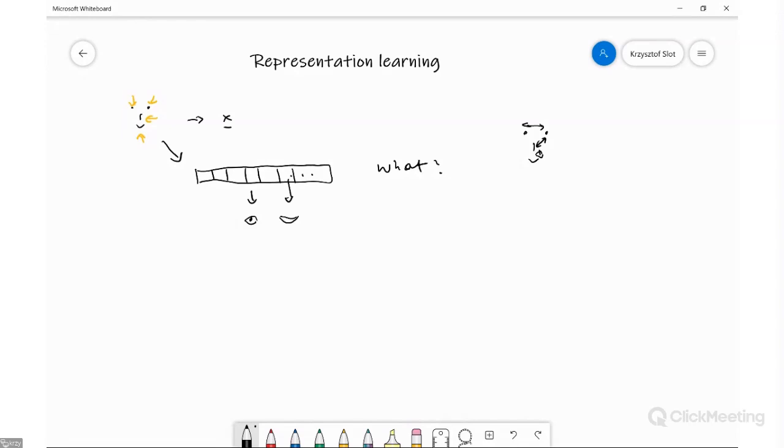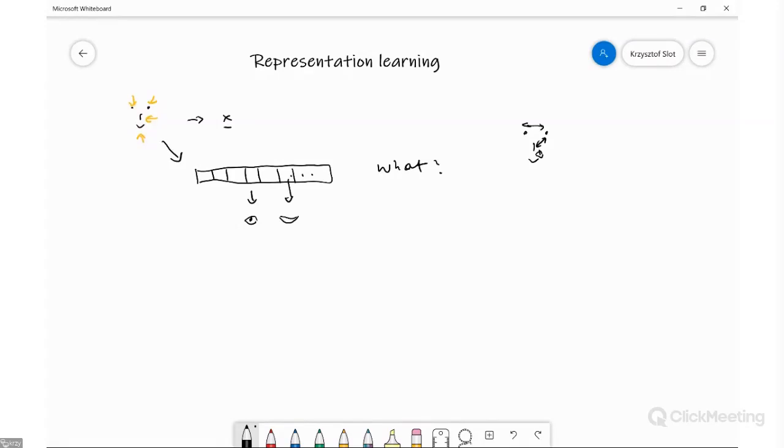And there is more. There are more requirements for a good representation. So what are other requirements? It should be invariant to different possible transformations that can occur to objects.